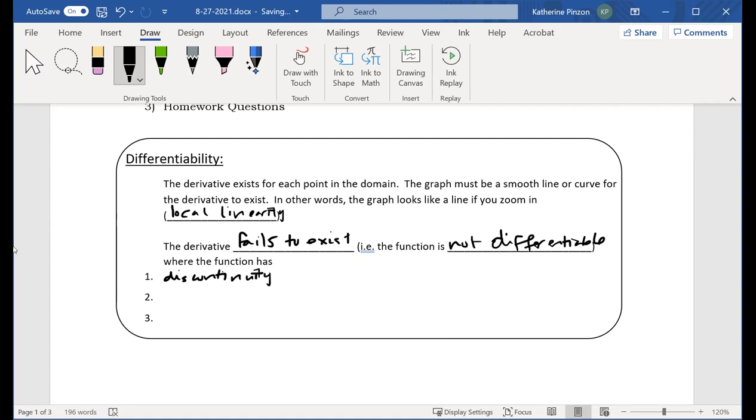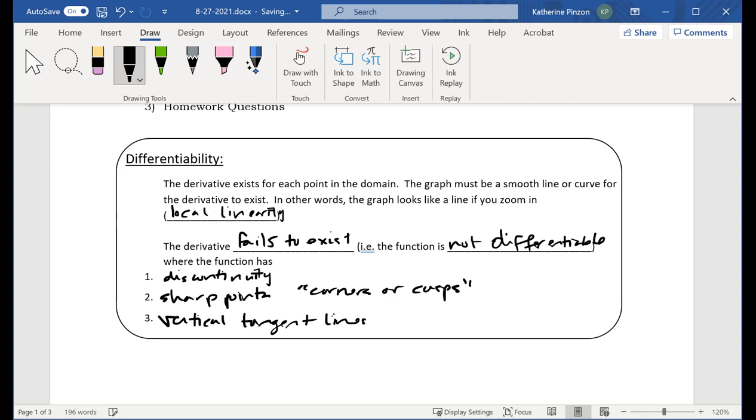That's the first guarantee. The second thing, it has to be smooth. So there can't be any sharp points, corners, or cusps. And the third thing is there can't be any vertical tangent lines, kind of like in cube root of x.